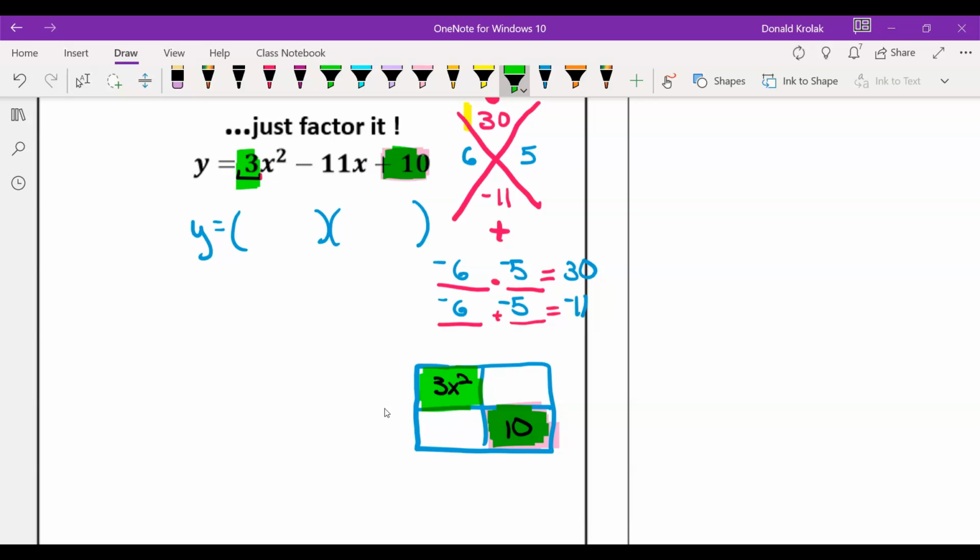Now, the 2 numbers that you came up with, they go in the other 2 places. With one addition, you're going to put an X on them.